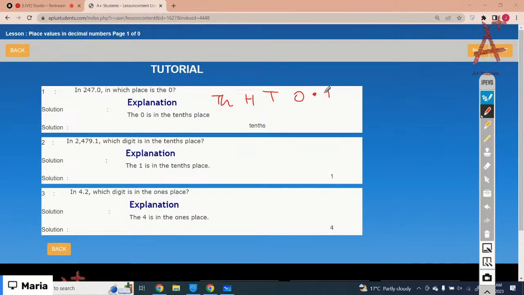Right after the decimal point, it would be tenth, hundredth, thousandth. Got it? That's why I have written th with them. The very next position to the decimal point is tenth, then the next one is hundredth, and the next one is thousandth. Got it? So in 247.0, the 0 is at which place value? Tenth. Got it? Okay, the next one is 2479.1. Which digit is at the tenth position?